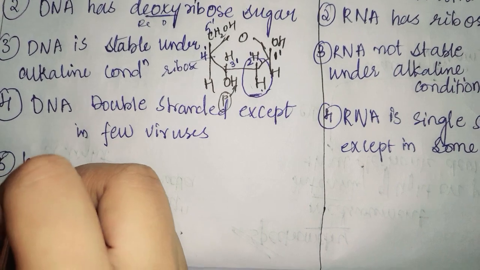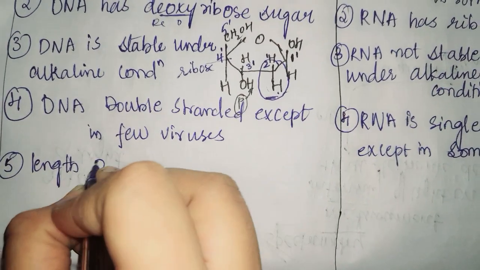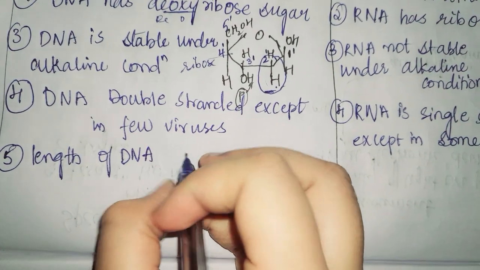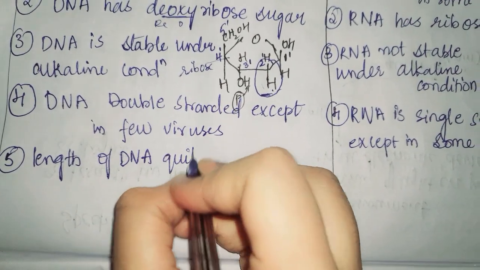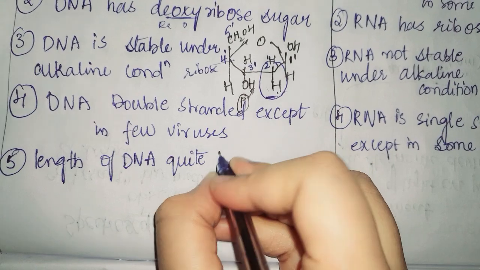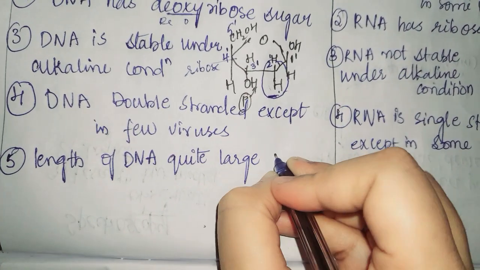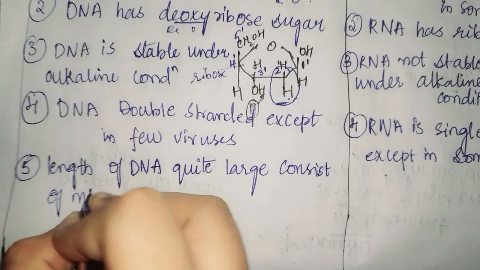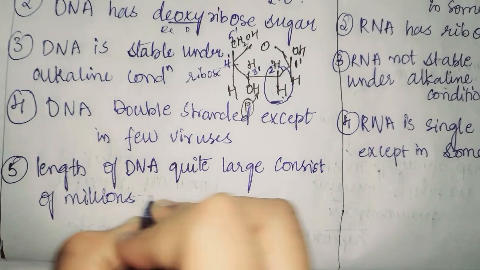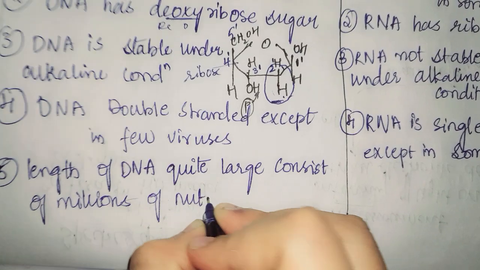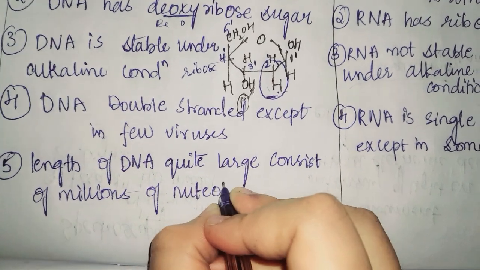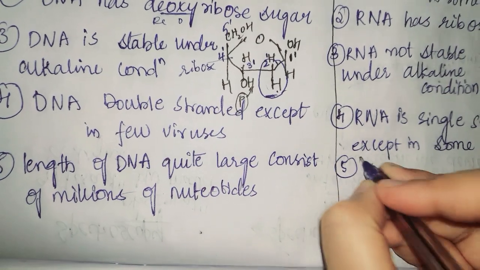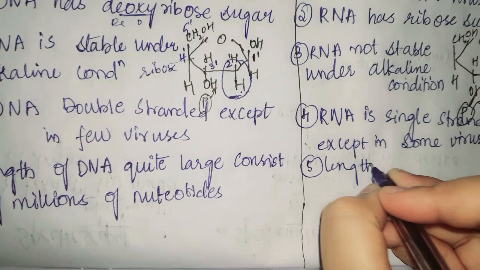Now we'll talk about the length of DNA and the length of RNA. The length of DNA is quite large, which consists of millions of nucleotides. Yes, obviously it is true, it consists of millions of nucleotides, whereas the length of RNA is very short.